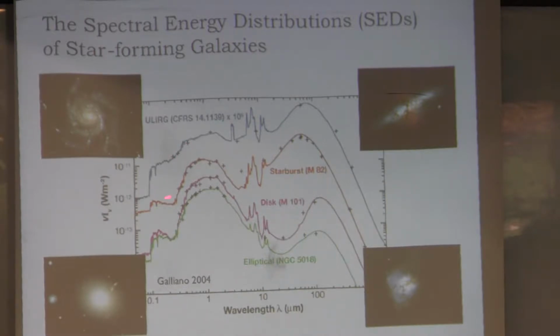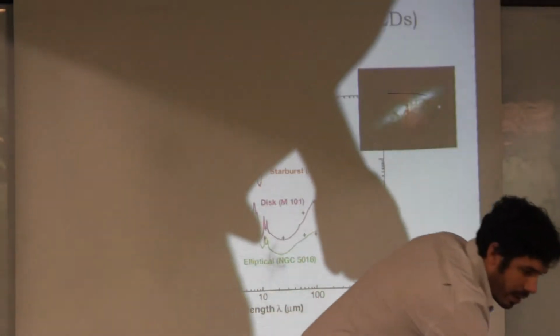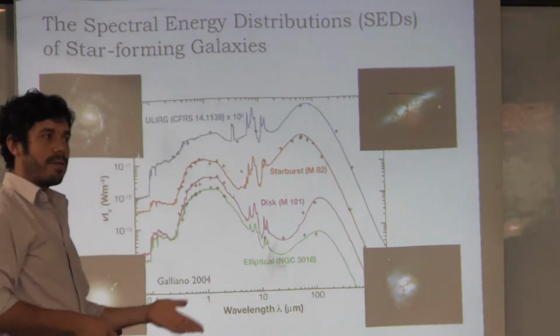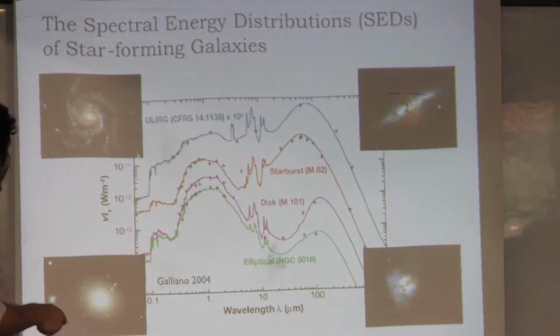So you see the typical structure of two peaks: one related to the photosphere of the stars, what we see from the stars directly, and then the reprocessed emission by dust in the other peak. It's the ratio between those that changes from one galaxy to another, and also the properties of the emission lines related to the atomic material. These are the kinds of things we're interested in. We want to understand how much we can learn from those galaxies.